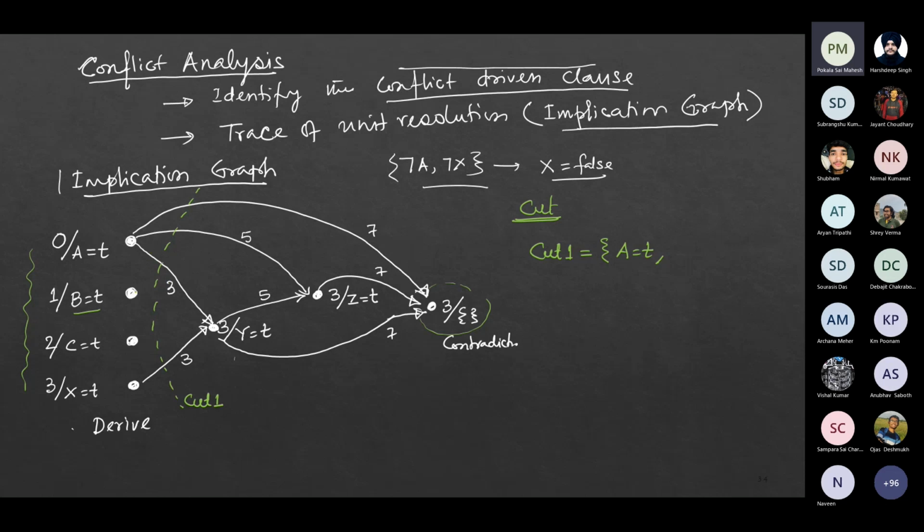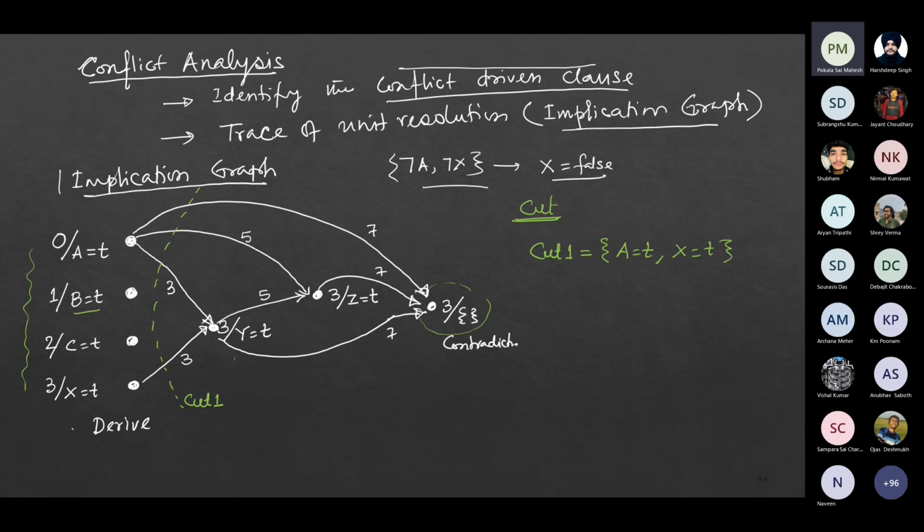So I do not have any outgoing edge from B. So that means there will be no crossing of an outgoing edge from B to cut 1. So that means I should not include B here. With similar logic, I will not be including C here, but I will be including X equal to true. So this is my cut 1.